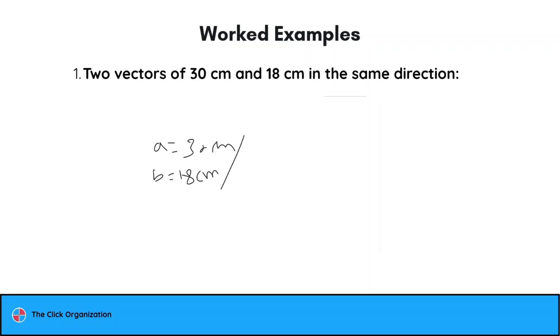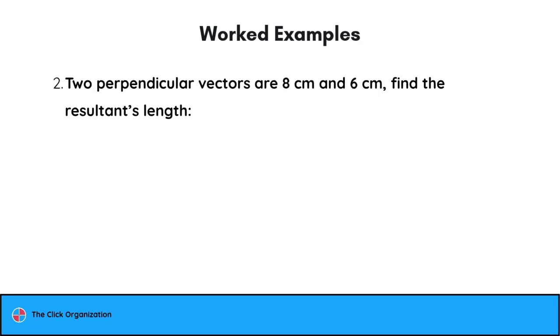So let's look at some examples. In the first example, two vectors have lengths of 30 centimeters and 18 centimeters, and they are in the same direction. Because the angle is 0 degrees, we use the formula R equals a plus b. So R equals 30 plus 18, which gives us R equals 48 centimeters. For the second example, two vectors of 8 centimeters and 6 centimeters are perpendicular.